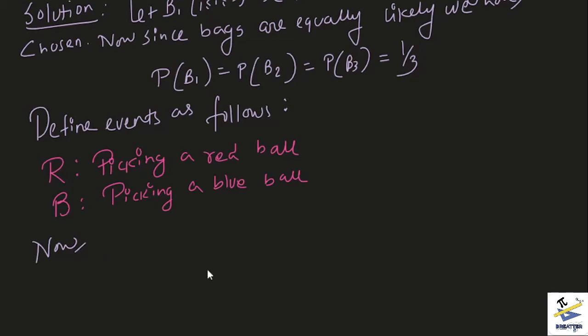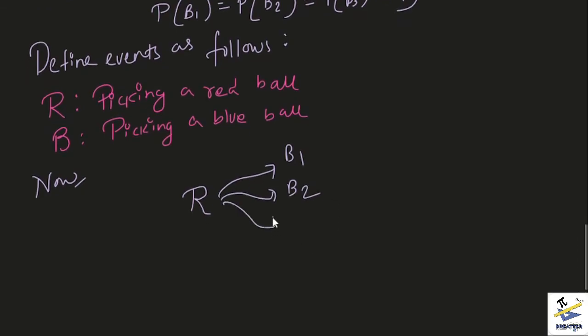Okay, now we know that a red ball can be picked in three different ways, right? A red ball can be picked from bag 1, a red ball can be picked from bag 2, and a red ball can be picked from bag 3.